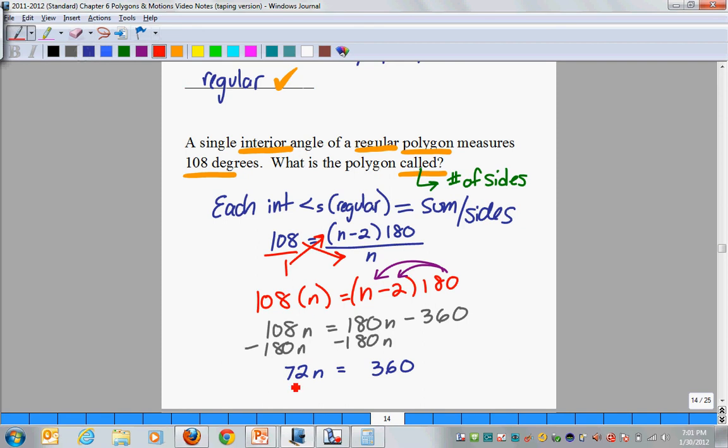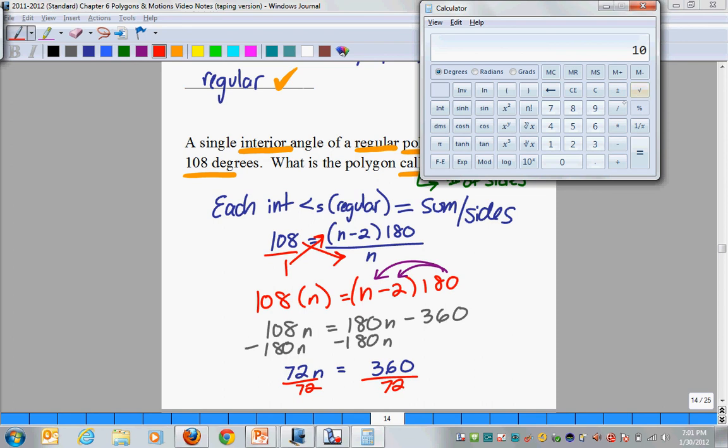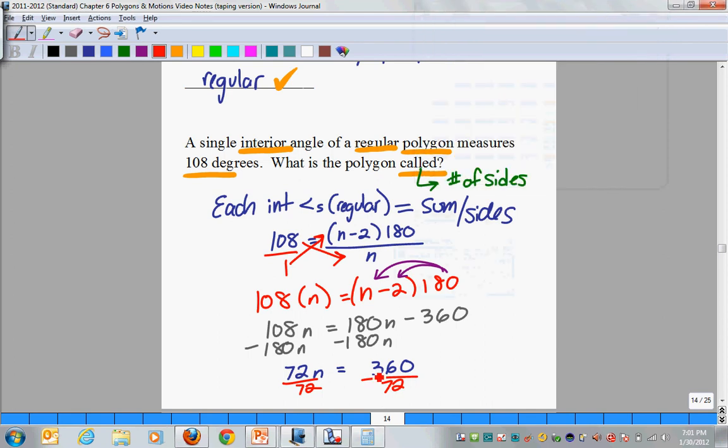To solve, I'm going to divide by 72. 360 divided by 72 gives us 5. So the number of sides is 5, which means it's going to be called a pentagon. Penta meaning 5.